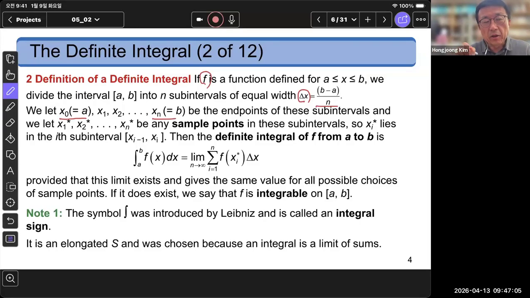On each interval, I will choose arbitrary numbers. They are called sample points, which means they are arbitrary points.